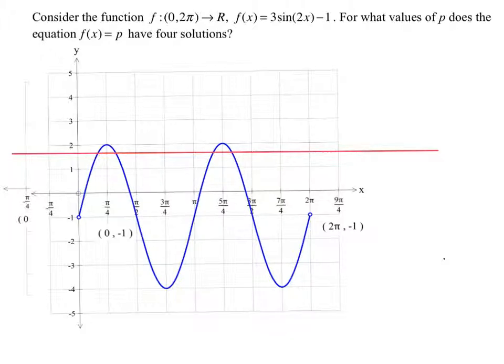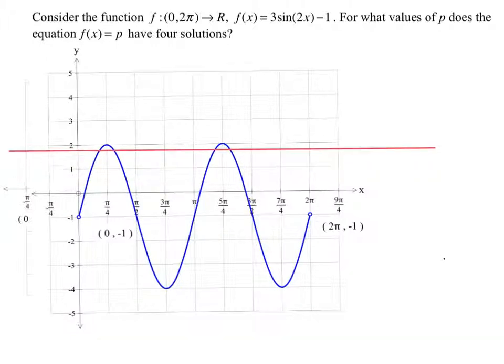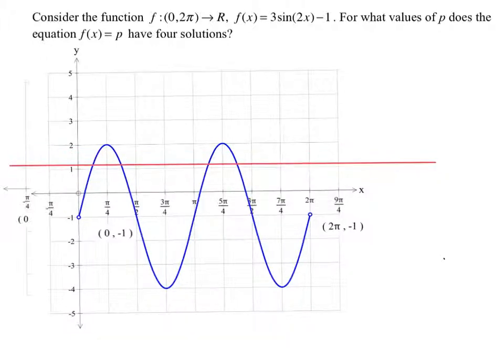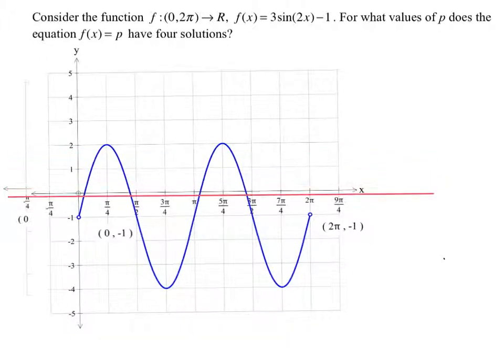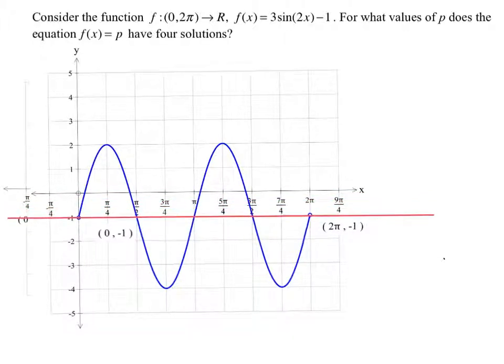And we have 4 solutions in many places. So if I continue from 2 all the way down, you can see we still have 4 solutions until I get to where p is -1. You'll notice something interesting happening here. At the endpoints, they're open, so that isn't a solution. But we do have a solution here.